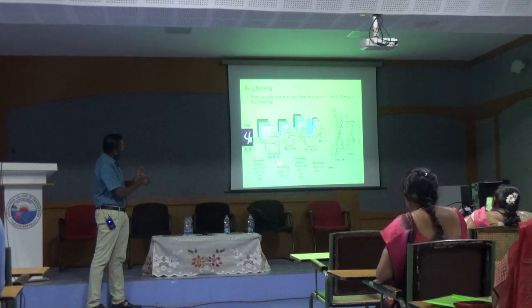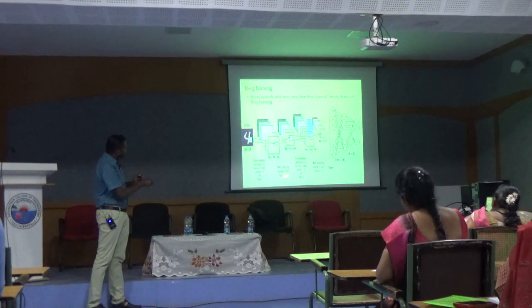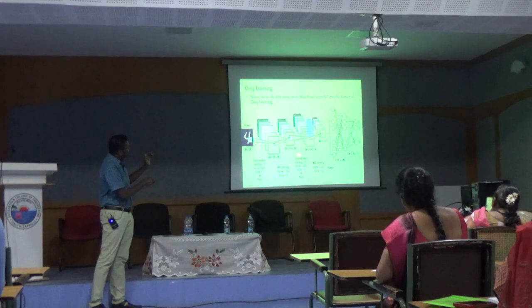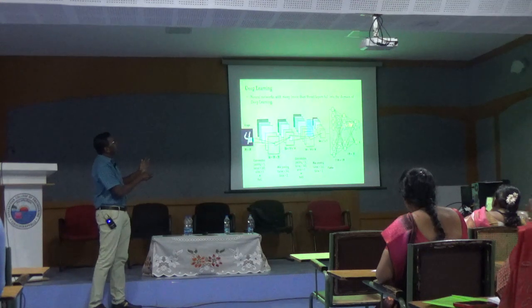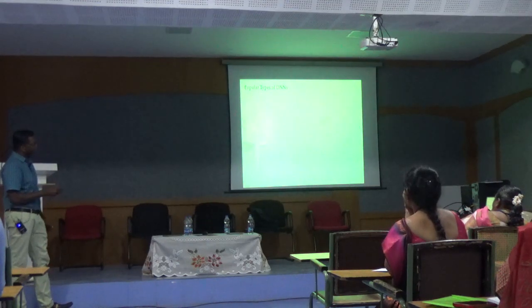Then again doing a max pooling. Pooling I will explain in the upcoming slides. That means we are reducing the receptive field size from 28 to 14. Then again we go for convolution, and finally we go with the fully connected network for classification. So this is the structure of a convolutional neural network.